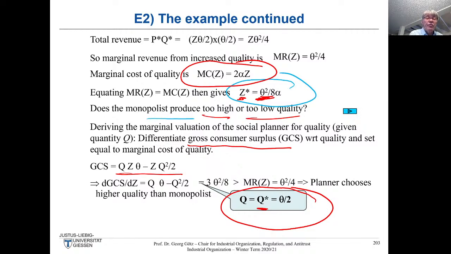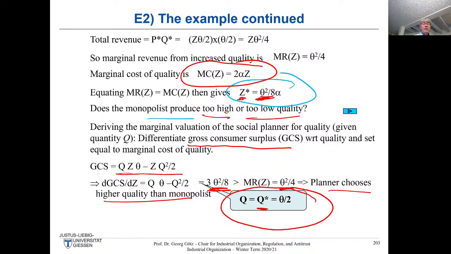But it's already sufficient to show that the planner chooses a higher quality than the monopolist, because this increase in gross consumer surplus, which is nothing else than the increase in total surplus, is larger than the marginal revenue in terms of quality of the monopolist. Okay, 3/8 is larger than 2/8.